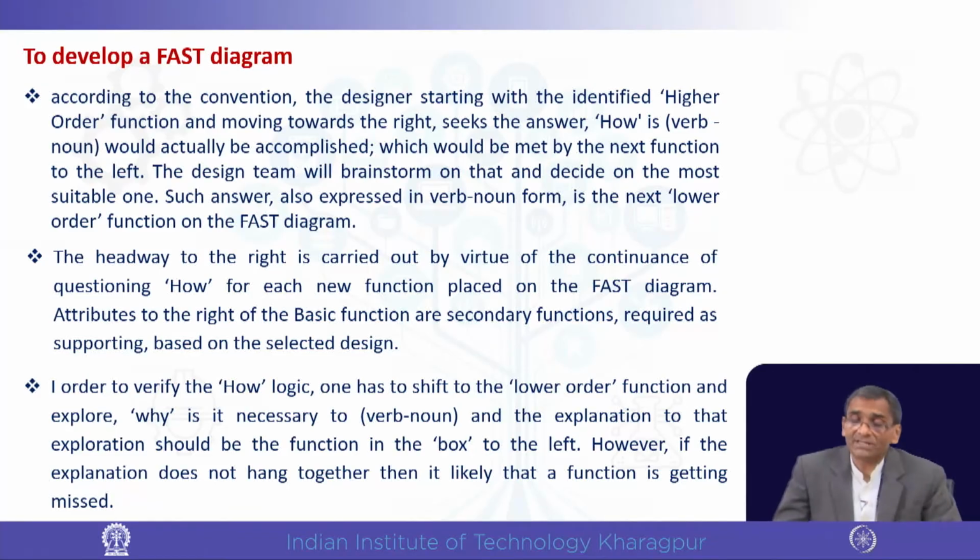Attributes to the right of the basic functions are the secondary functions. There could be many secondary functions, a series of secondary functions, and the secondary functions can also have parallel activity, like I said, say one-time or multiple-time activities that we will see in the diagram.